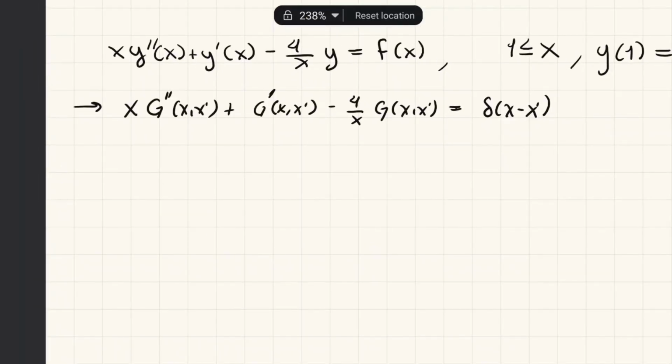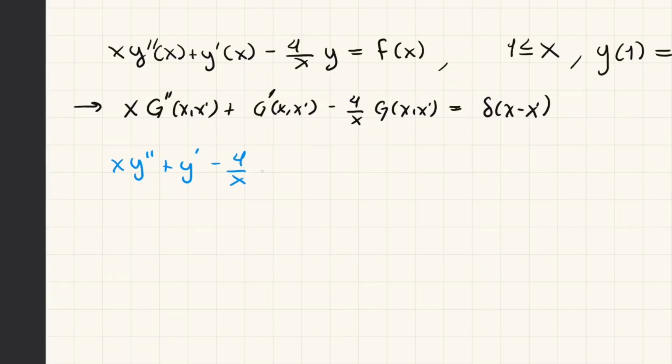So we need to find the solution to the next differential equation: x y double prime plus y prime minus 4 divided by x times y equals, well, actually 0, because we need the homogeneous version of this equation.